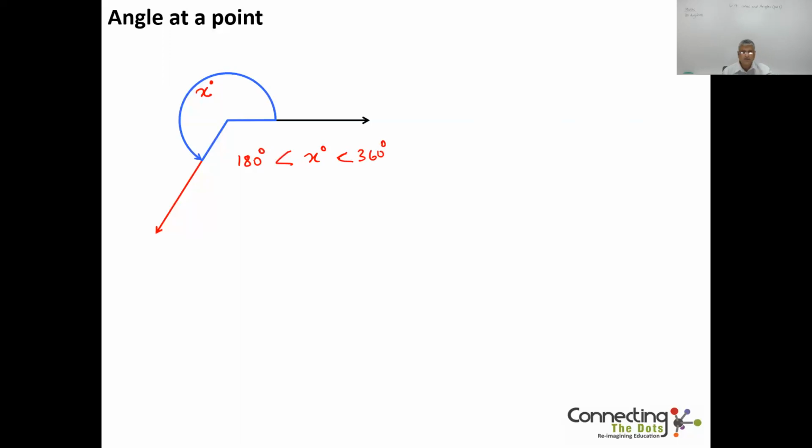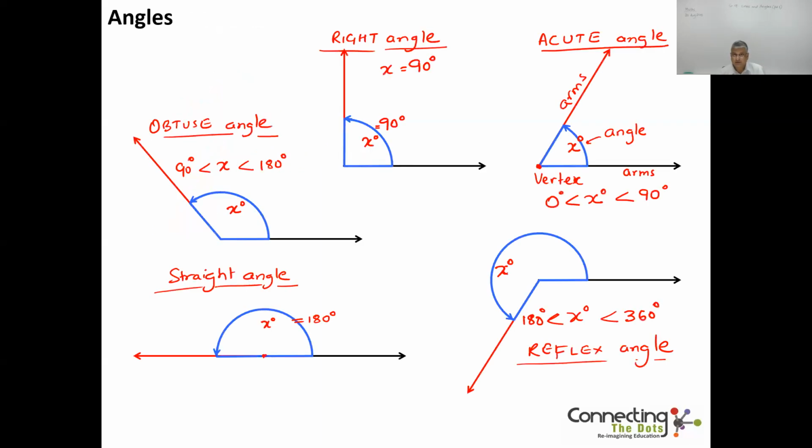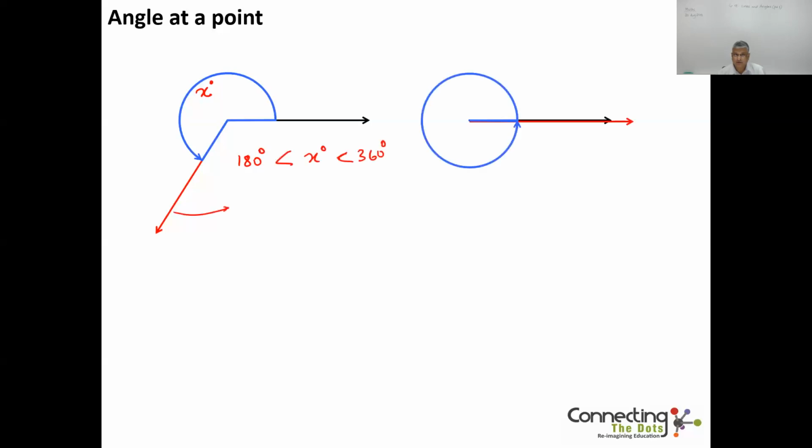So what if I complete the red arm all the way and make it back to the same position? Like this. See, I have turned the red side all the way from here back almost to the same point. So this is now a complete circle.